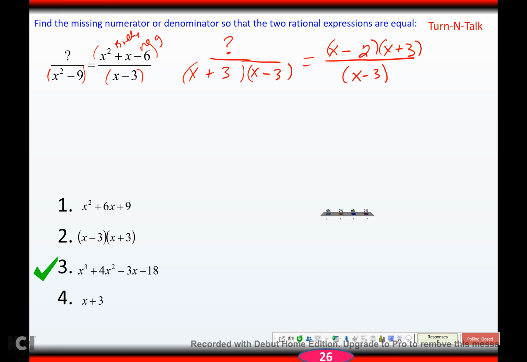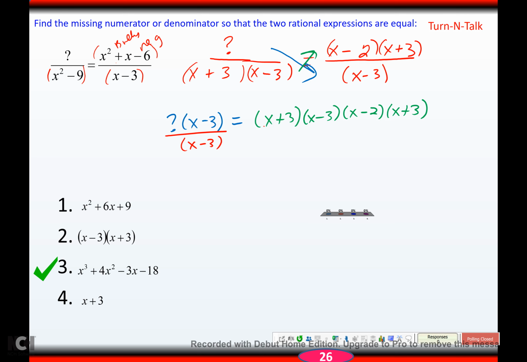There's nothing in common. So now, to do my cross multiplying, I'm going to have question mark times x minus 3 equals, the other way is going to be an x plus 3 times an x minus 3 times an x minus 2 times an x plus 3. So to get my question mark alone, I'm going to divide by x minus 3.